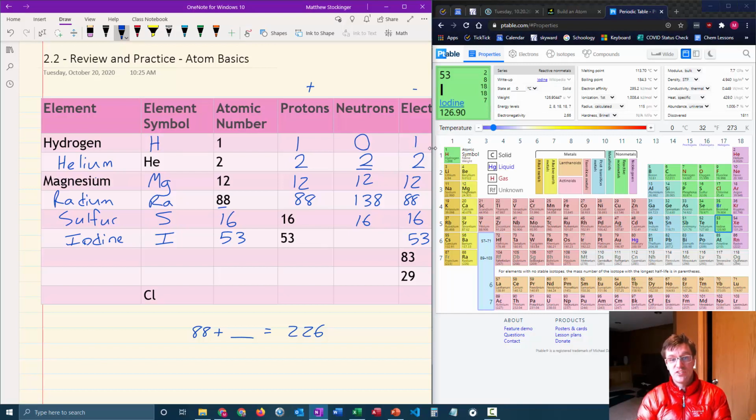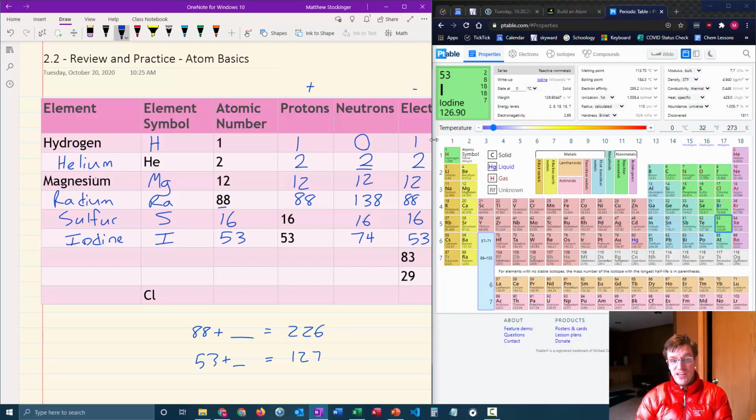Mass is 126.9, so I'm going to round that off to 127. I need 53 plus something to give me 127. That's going to be 47 plus 27 is 74, I believe. Did I get that right? Yes, I did. 74 neutrons plus 53 protons gives us that total mass.